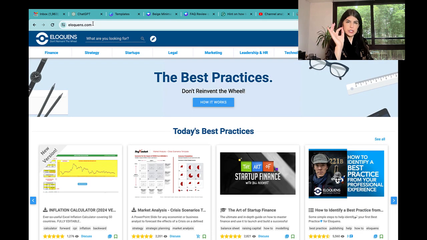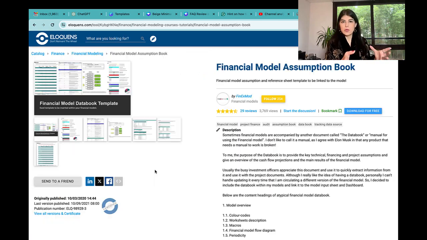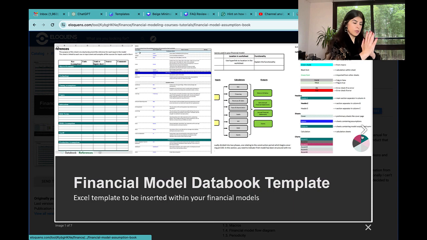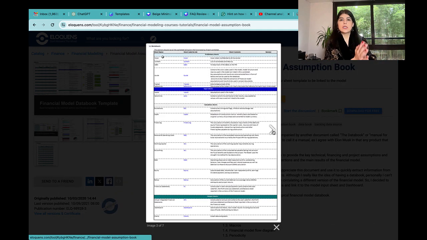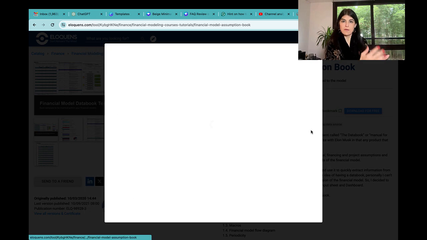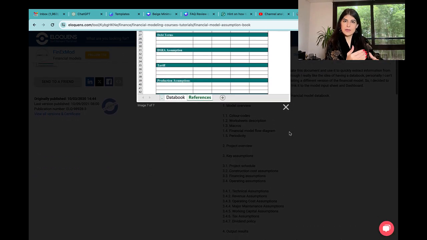Okay, so for each and every assumption that goes into the model, I'm going to go and look for the justification. Sometimes I can find the justification in one of the project documents. That's why I told you it's very important for a financial modeler to have access to all the project documents, to be involved in all the discussions, so that you can review these inputs and find the justification for them.